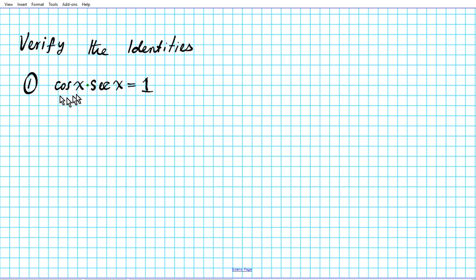The first trig function is cosine, so it's already in a desired form. Secant needs to be processed. So what is secant x? Remember we talked about this? Using the reciprocal identity, secant x can be written as 1 over cosine x. So what we're going to do is make a substitution, okay? So we're going to write cosine x times, instead of secant, we're going to substitute its reciprocal identity, 1 over cosine x.